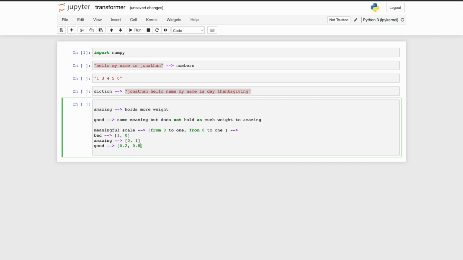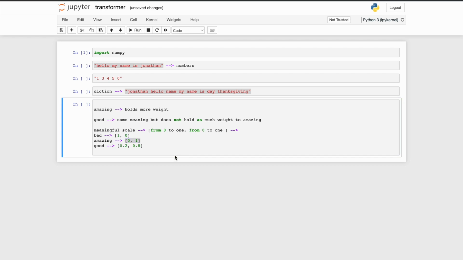That's why we put a 0.2, and we're going to give a 0.8 on the right side of the scale. So hopefully this is making sense. Amazing and good mean sort of the same thing. You're doing an okay job, but one of the two words holds more weight. So now we're expressing words in terms of vectors, and that's what we want.